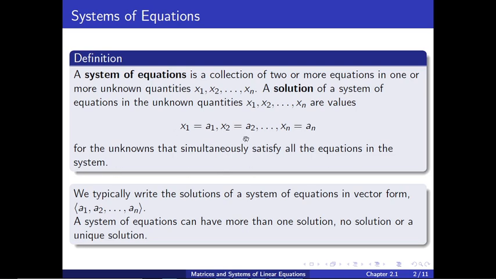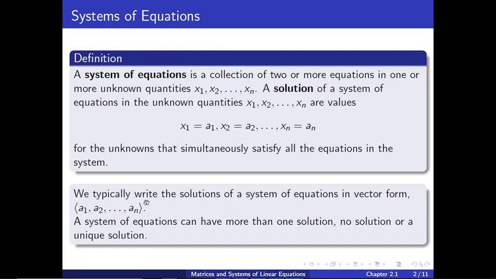So in other words, if we replace x1 with a1, x2 with a2, and xn with an in the system of equations, and the left hand side is equal to the right hand side for every equation, then we call those values a1 up to an a solution of the system.